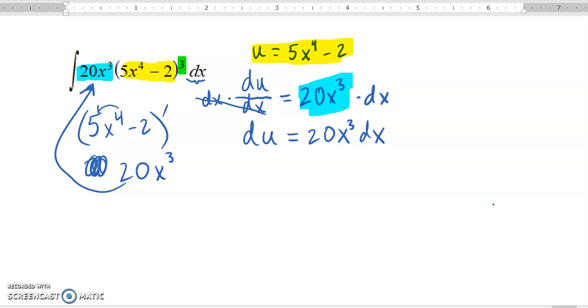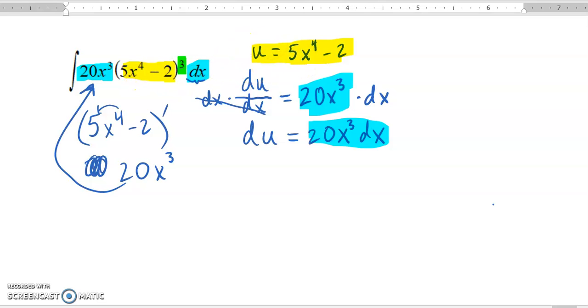Now I can see that 20x to the power of 3 dx is exactly these two pieces. I'm going to substitute my blue piece into the equation, and I'm going to substitute my yellow piece into the equation.